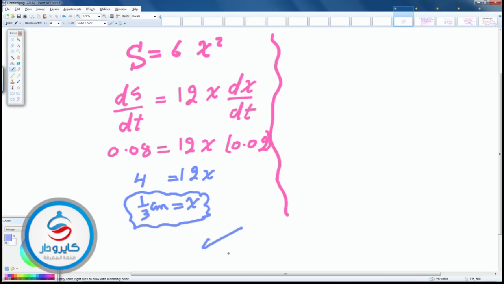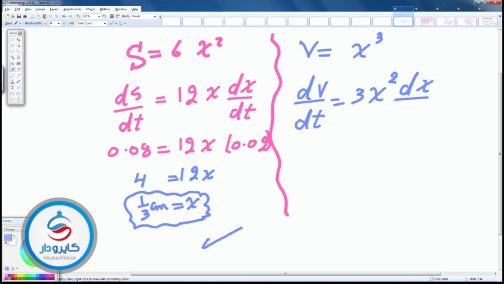The second request was to find the rate of change of its volume at the same instant. Then we have to write the volume of the cube equals x to the power of 3, then dv over dt equals 3x to the power of 2 dx over dt.